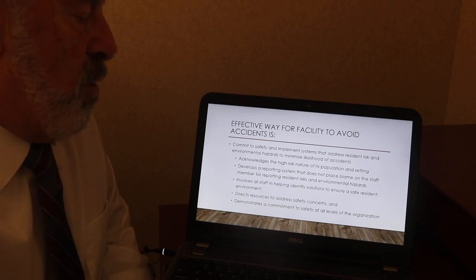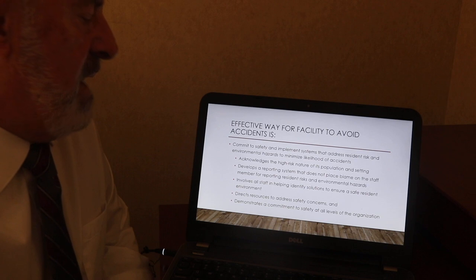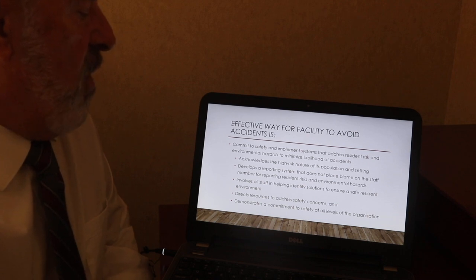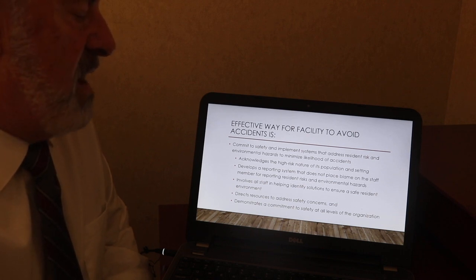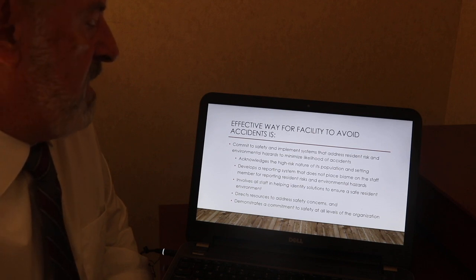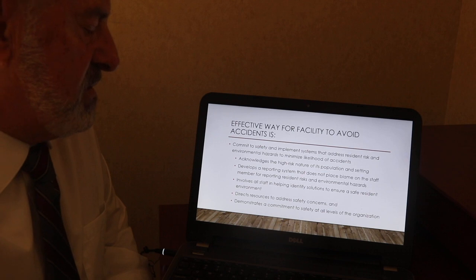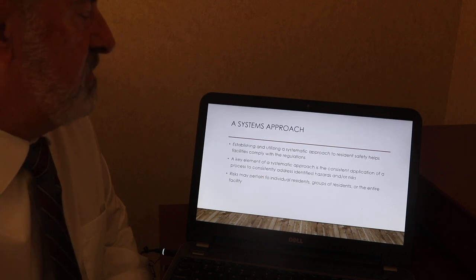Develop a reporting system that does not place blame on the staff member for reporting resident risks and environmental hazards. Involve all staff in helping identify solutions to ensure a safe resident environment. Direct resources to address safety concerns and demonstrate a commitment to safety at all levels of the organization.